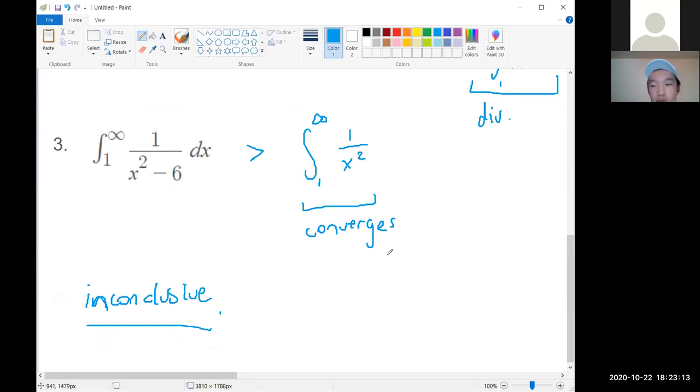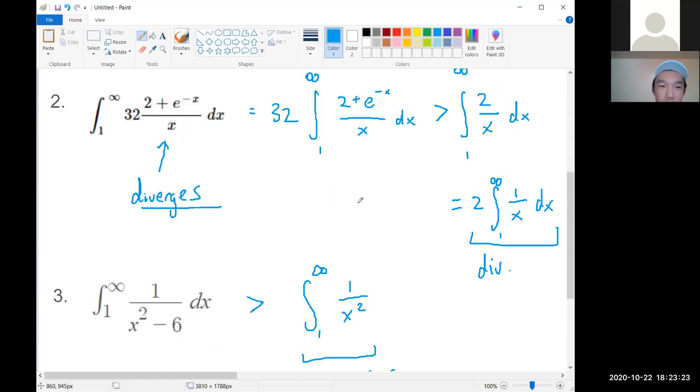I know what some teachers do is they make you compare it to a previous problem. So instead of comparing to 1 over x to the p, they might make you compare number 3 to number 2 or something, because you have an answer for number 2. I personally think that is too much to ask for, so I'm probably not going to do that.